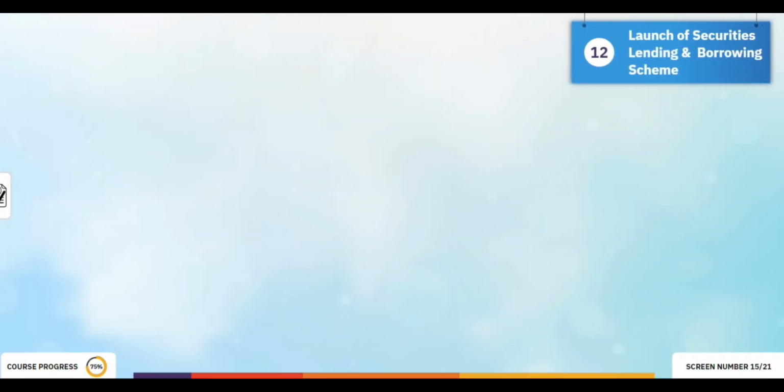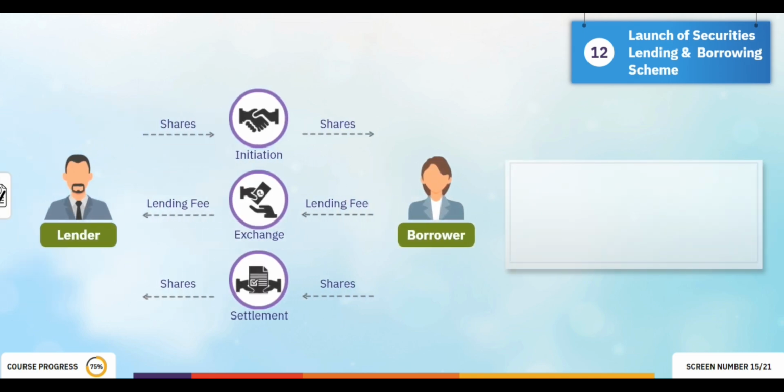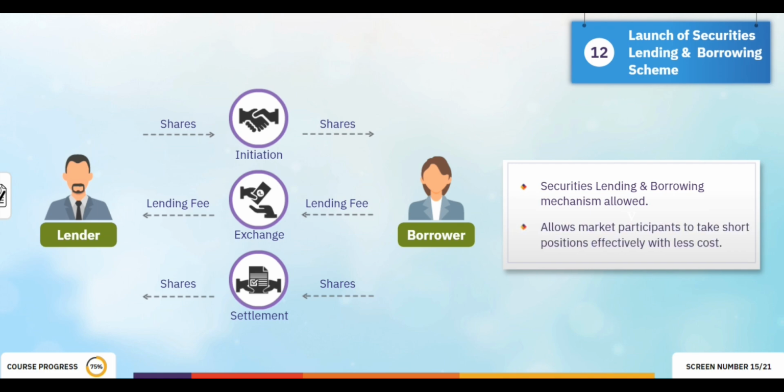Principal Reform Measure 12 is launch of Securities Lending and Borrowing Scheme. In April 2008, the Securities Lending and Borrowing mechanism was allowed. It allows market participants to take short positions effectively with less cost.